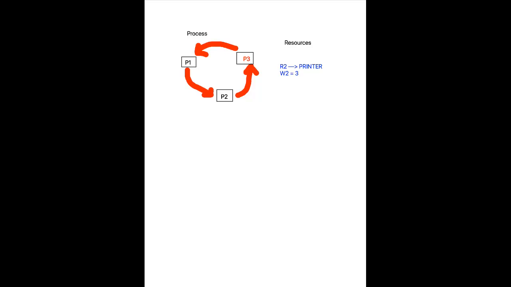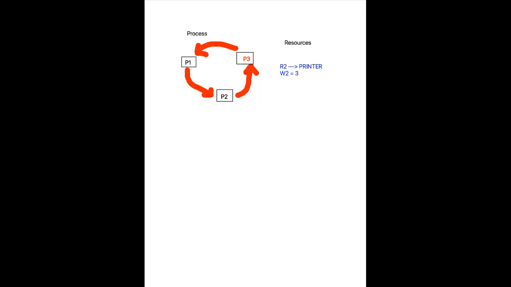One is for processes and one is for resources. Processes are numbered P1, P2, P3, P4, P5 up to Pn. So there will be n number of processes and m number of resource types.